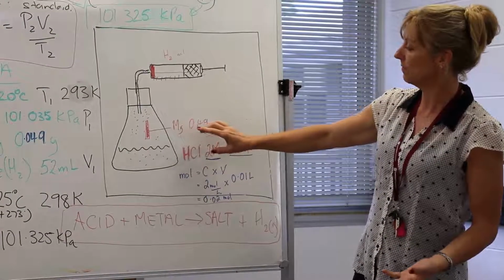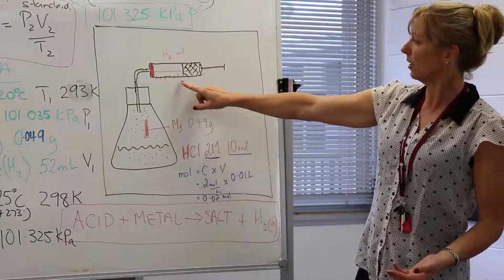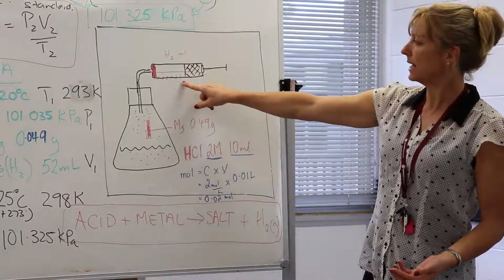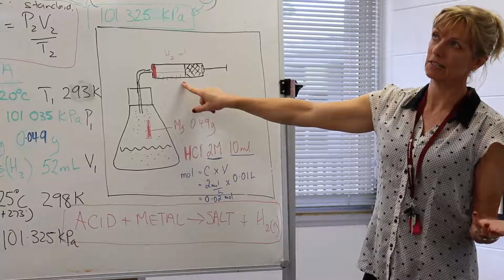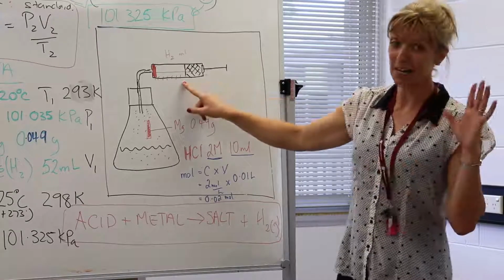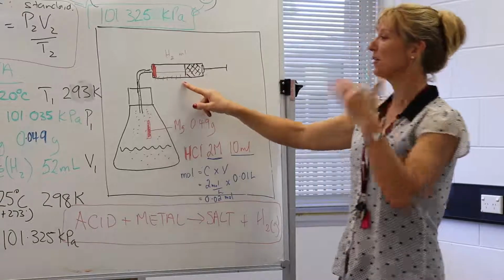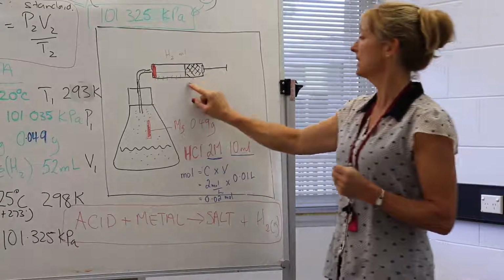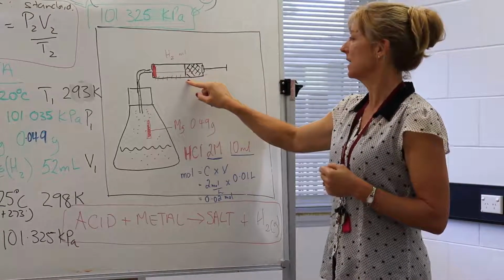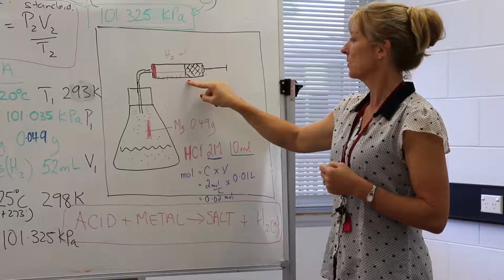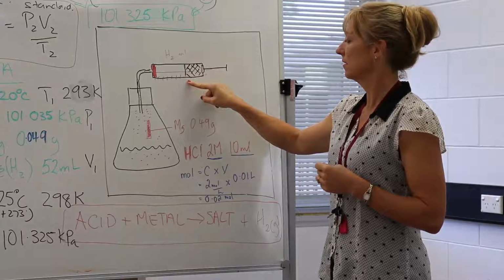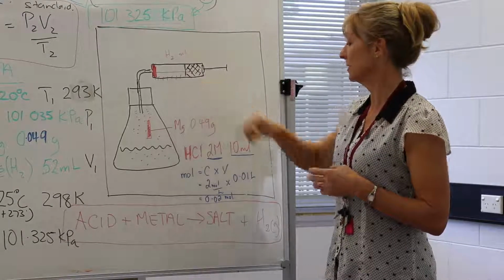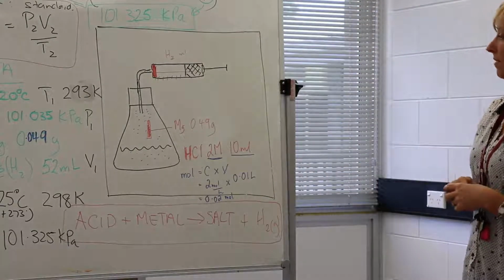Then you can talk about the fact that there might have been some leakage in your, well, if it was leakage, you'd get less gas. So no, you wouldn't talk about that. It makes it harder when it's above, and it's very unusual that it is. No, that's probably all you could say when it's over.